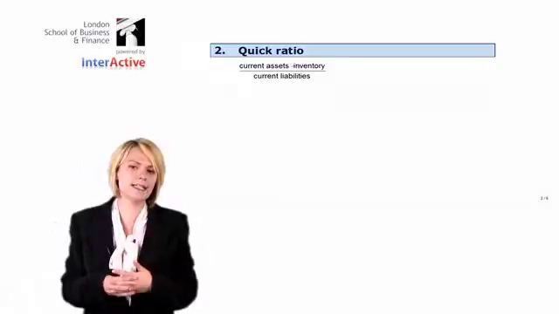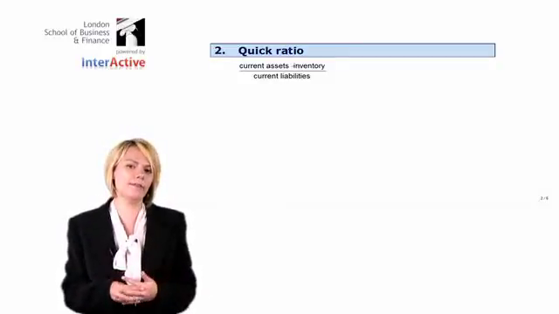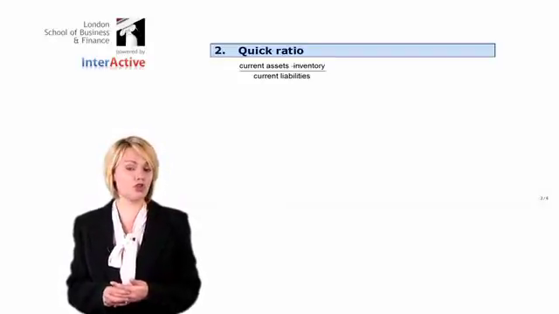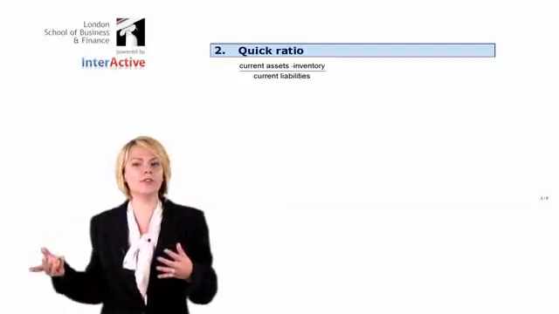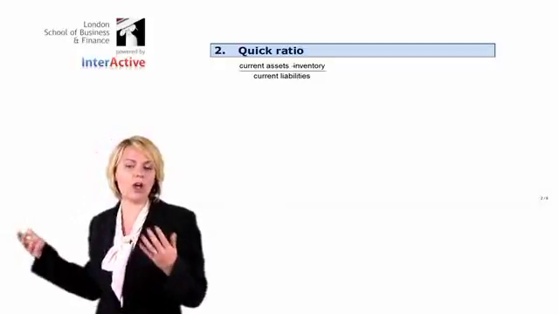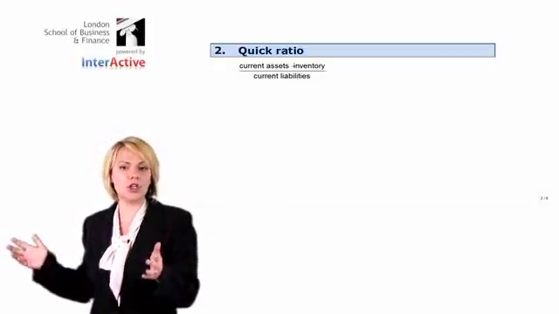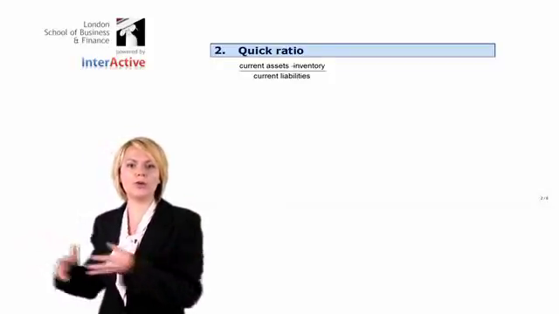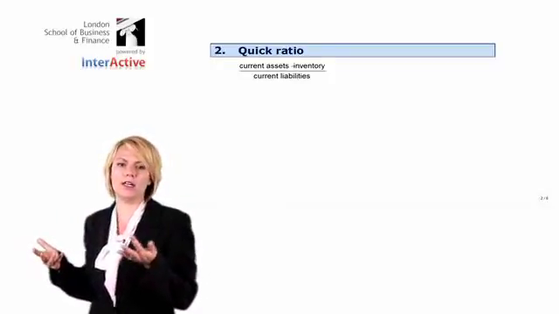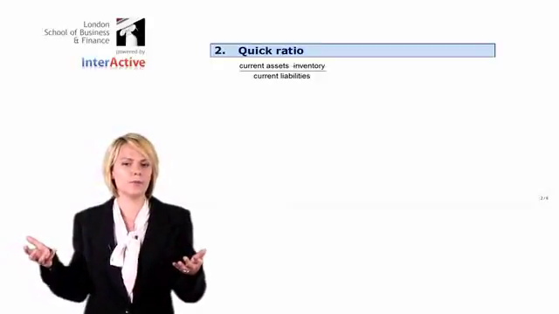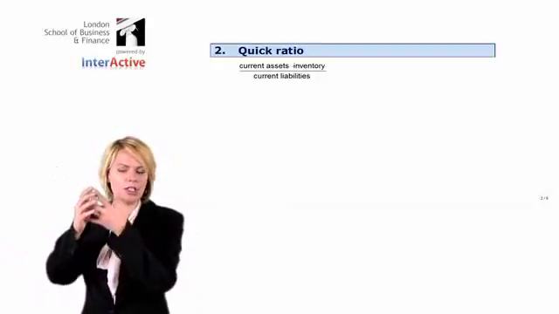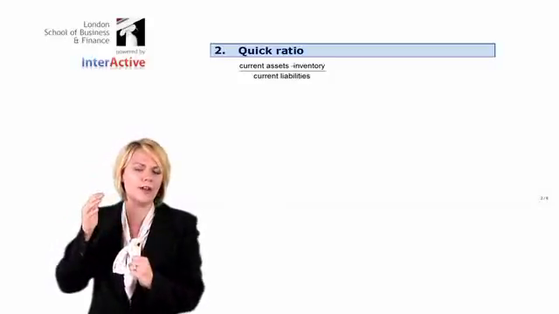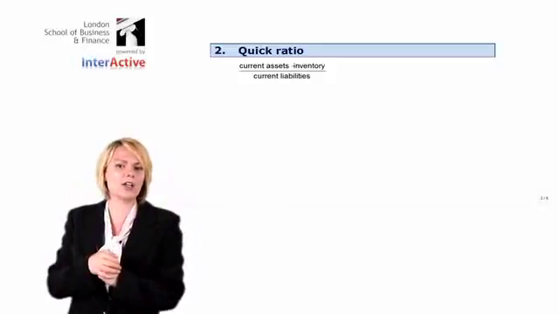Now, some businesses may not be able to turn their inventory into cash quickly. If you imagine a house builder or a construction company, their inventory would be their houses, their work in progress, and even finished goods or complete houses. Now, it takes a while to go through a house sale process. It might take a few months. Well, if it's going to take you 3 or 4 months to turn that inventory into cash, well, then that's going to be quite a slow-moving process to get from inventory to cash.